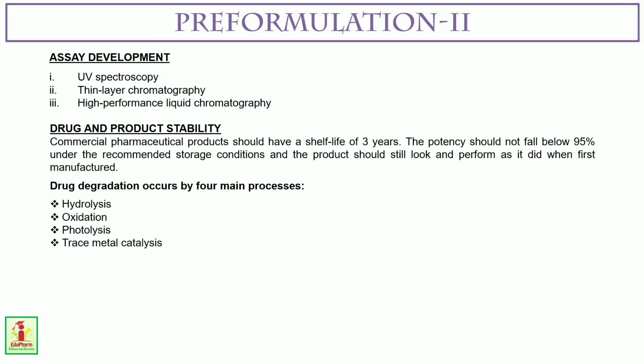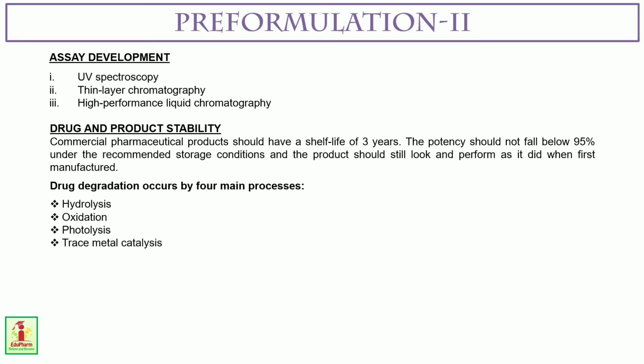Now, what is hydrolysis? Hydrolysis is a common form of chemical reaction where water is mostly used to break down the chemical bonds that exist between a particular substance. What is oxidation? Oxidation is the loss of electrons during a reaction by a molecule, atom, or ion.